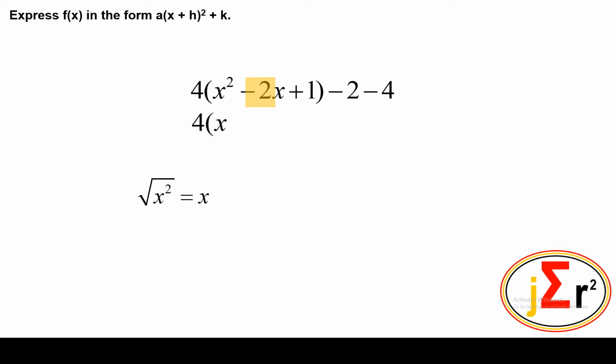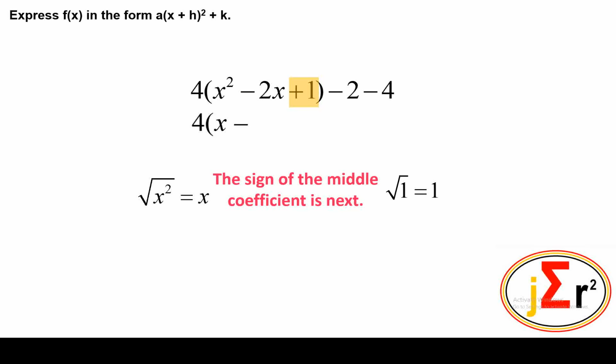Although that is not included, it is accounted for in the perfect square. The sign of the middle coefficient is next, which is negative. And of course, the square root of 1, which is 1, will also be included. There is our perfect square, and all that is left is negative 2 minus 4, which turned out to be negative 6.